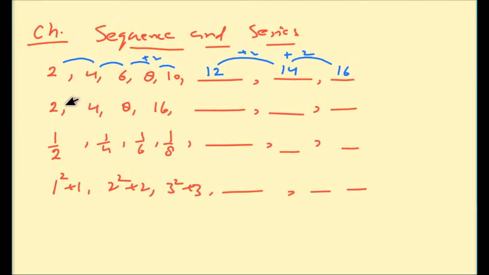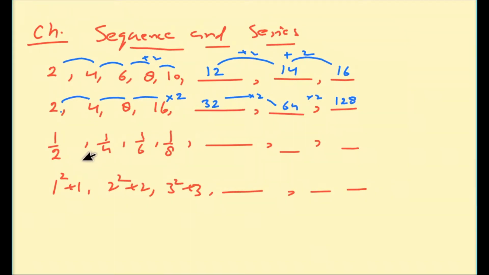Okay, so similarly you can see here, what we have seen: 4 upon 2 equals 2. So when we multiply the first term by 2, we will get the second term. When we again multiply it by 2, we get 8, then 16, then 32, again multiplied by 2 we get 64, and multiplied by 2 we get 128, and so on.